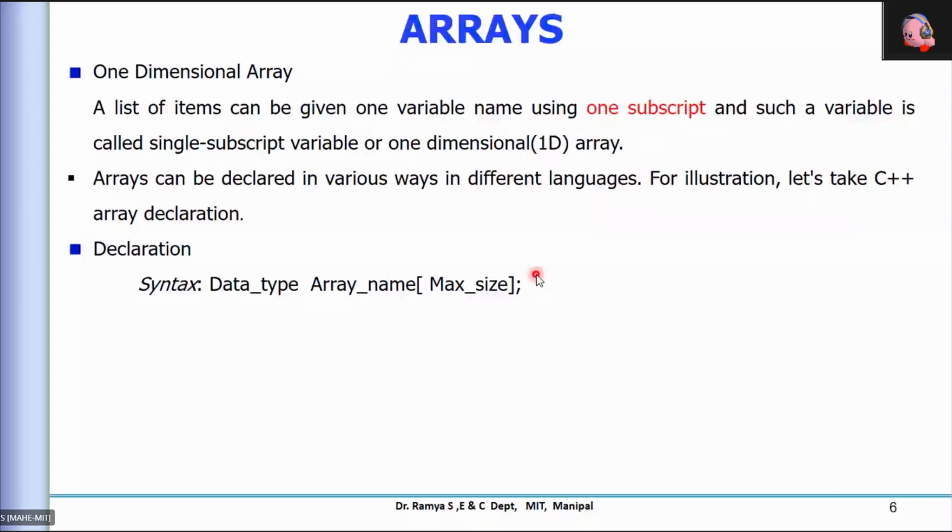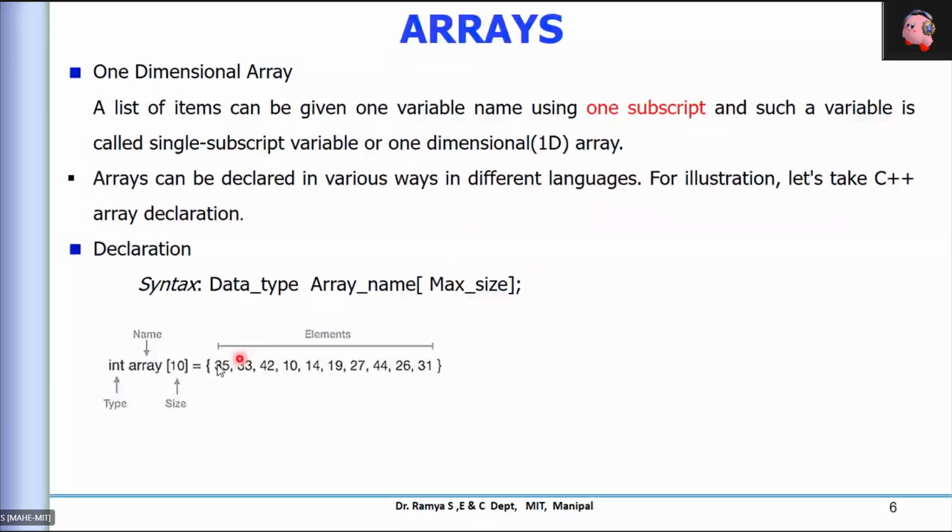The data type has to be specified, then the array name, followed by the size. This is an example we took last class. This defines the type of element it is going to store, this is the name of the array, and this is the maximum size it can store.